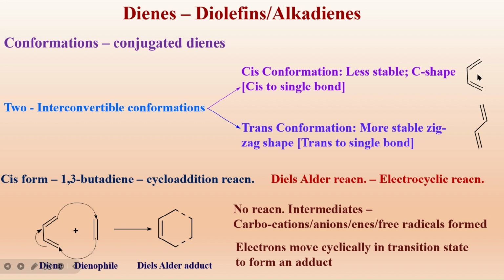The pi electrons nearer to it repel. When they repel, it moves to another conformer, the trans conformer. Between the cis and trans conformers, the energy difference is very small. That's why the conjugated diene, that is butadiene, can exist in cis form and also trans form.